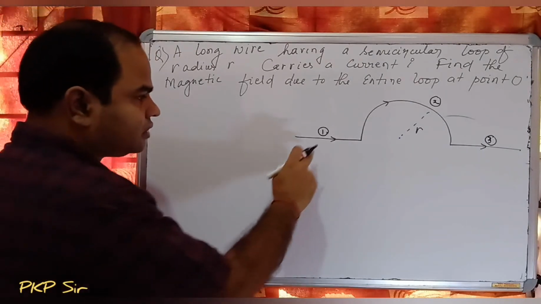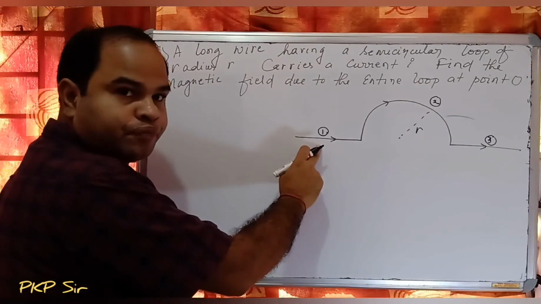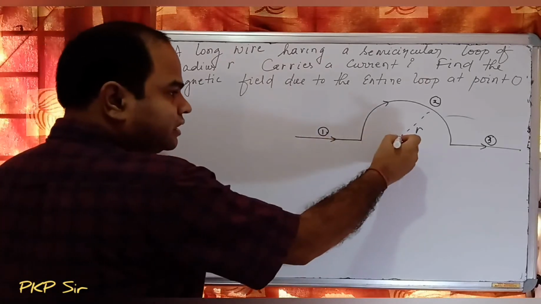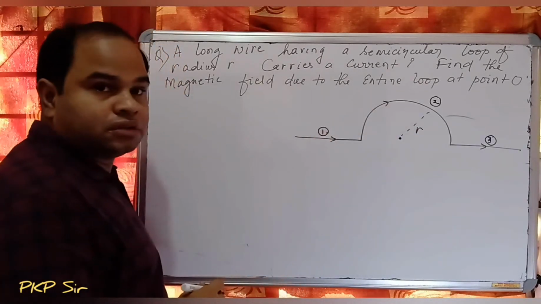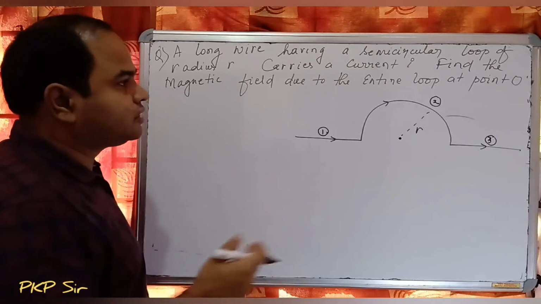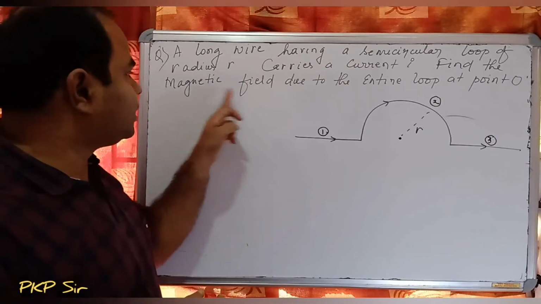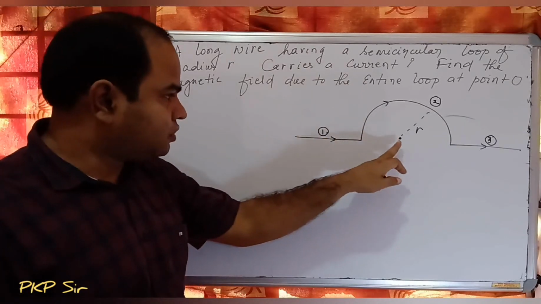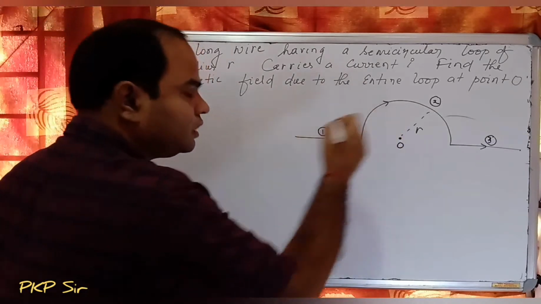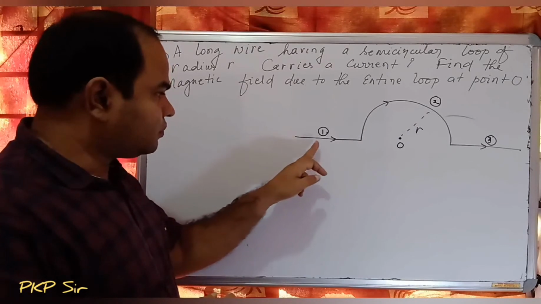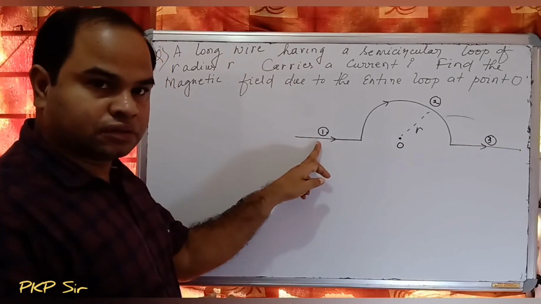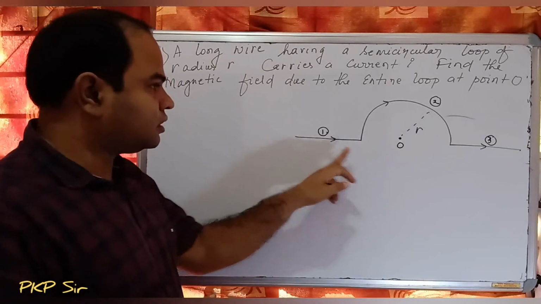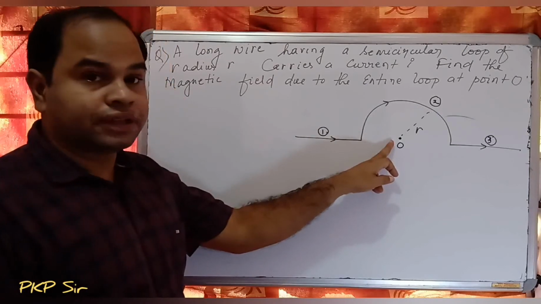So if you take the first conductor, as per the question you have to find the magnetic field due to the entire loop at point O. If you see the point O here, for the first conductor the point O is along the axis.